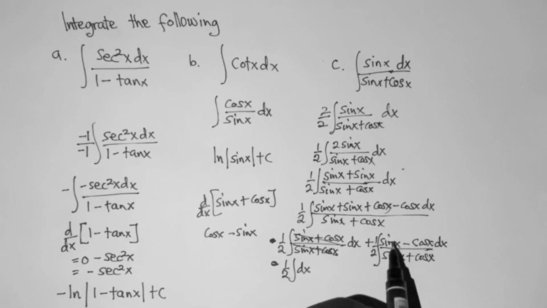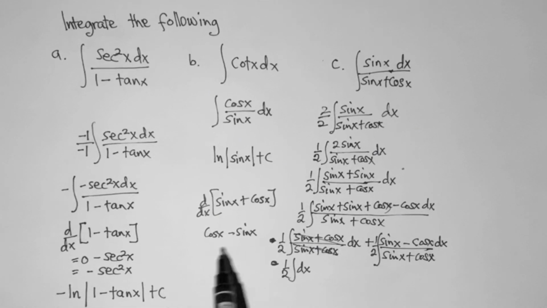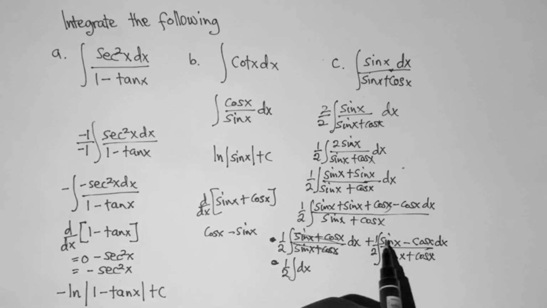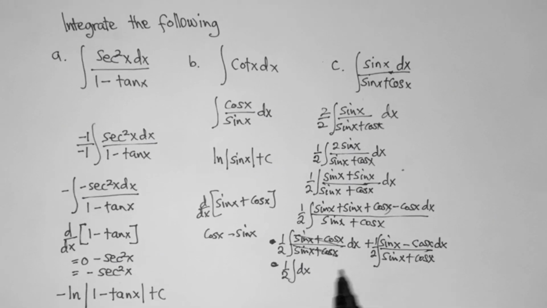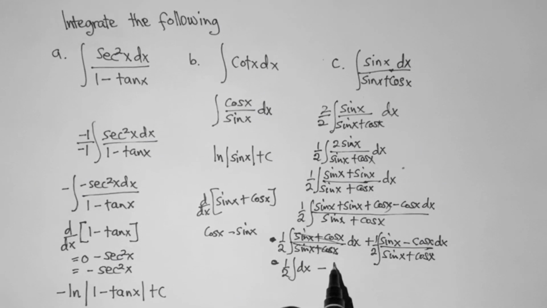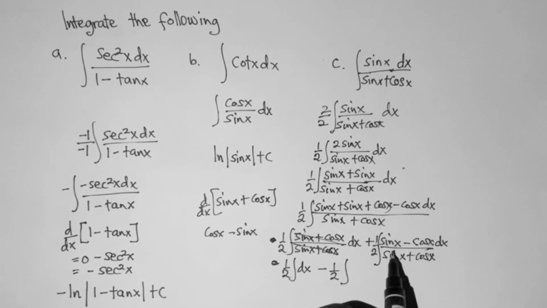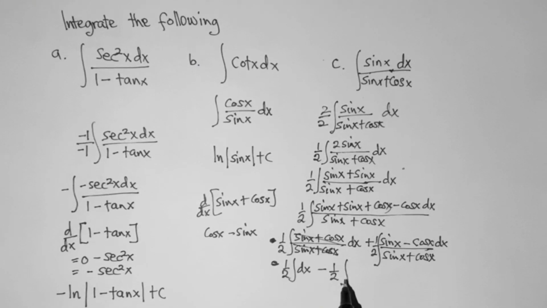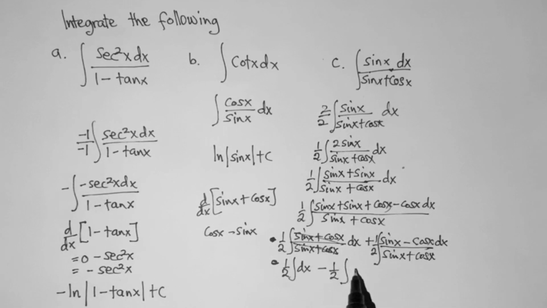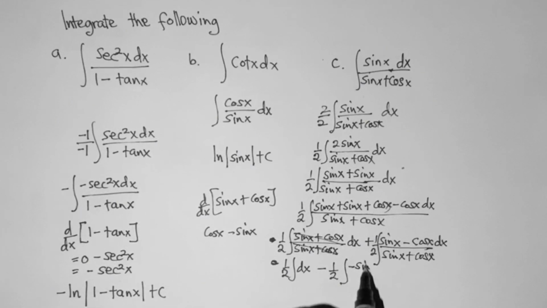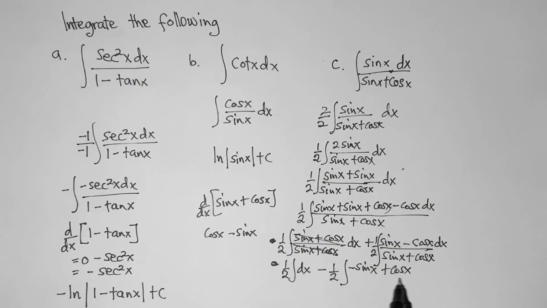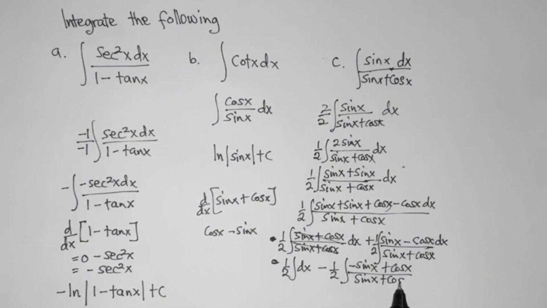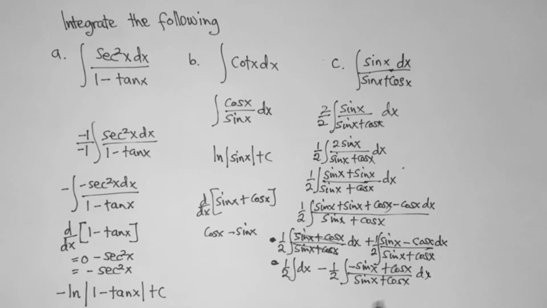Then with this, we are looking for cos x minus sine x, but we have sine x minus cos x. So we need to pull out minus 1. So minus half integral of, when we pull out minus 1, sine x becomes minus sine x, cos x becomes plus cos x, divided by sine x plus cos x dx.